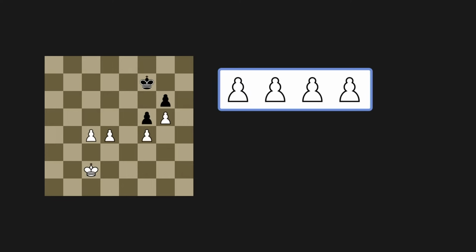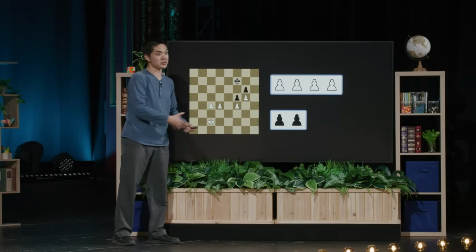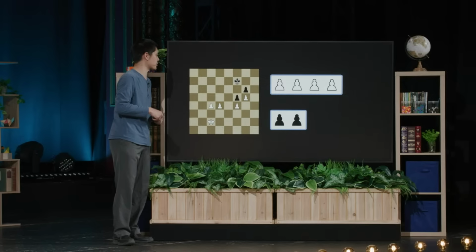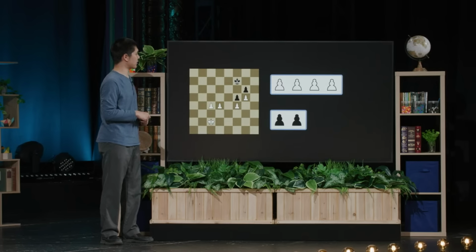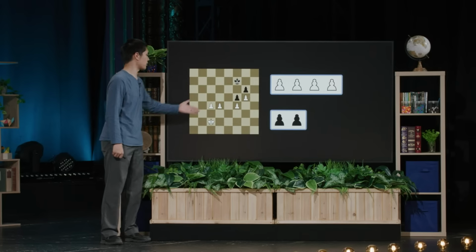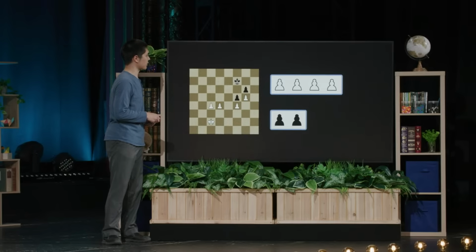And the player with the black pieces has 1, 2 pawns. And so if white has 4 pawns, black has 2 pawns, well, 4 is greater than 2. And so the estimate our very simple evaluation function might say here is that white is doing better. Maybe white is probably winning this game. In this case, we said because 4 is greater than 2. 4 pawns is more than 2 pawns.